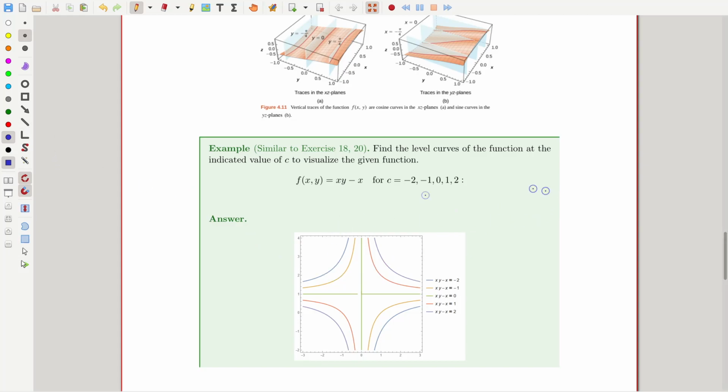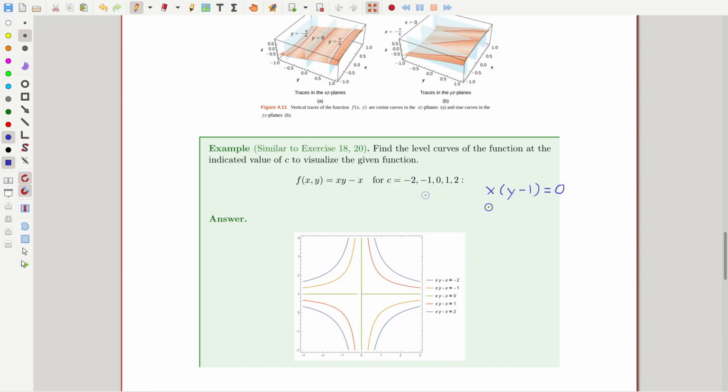If I didn't do this with software, because it's actually very easy to do with software. In a sense, I cheated. But what you would have to do is think about this algebraically. So I'm just factoring the x out, and then this ends up telling me two things. For example, for c equals 0 for this level curve, after factoring, I get this.